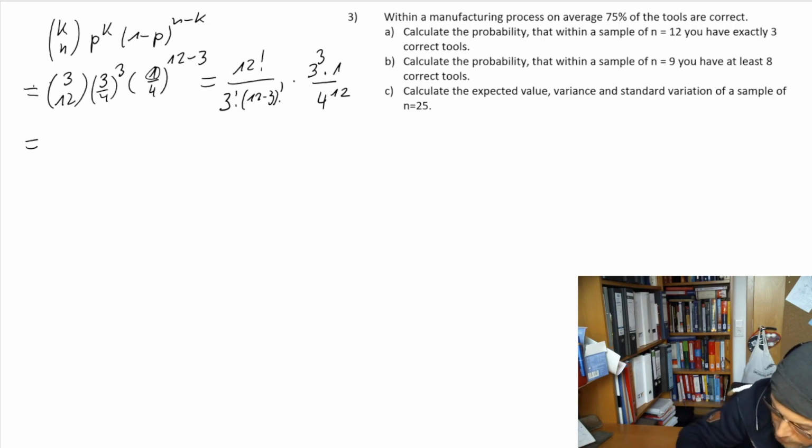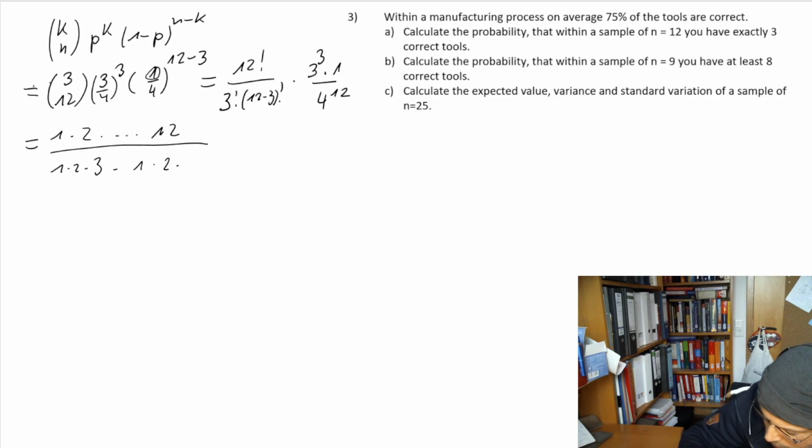So we obtain 1 times 2 times up to 12 over 1 times 2 times 3 times 1 times 2 times up to 9. So this and this cancel, this and the 3 cancel.